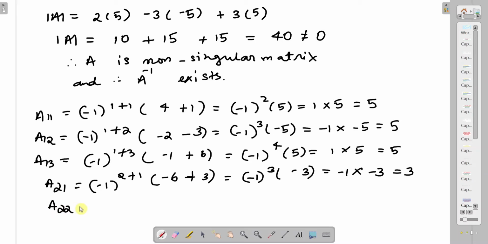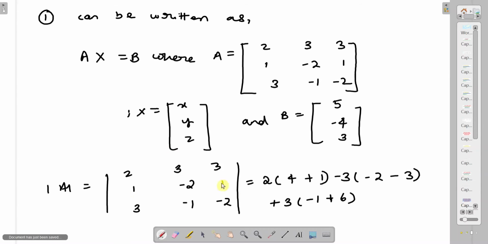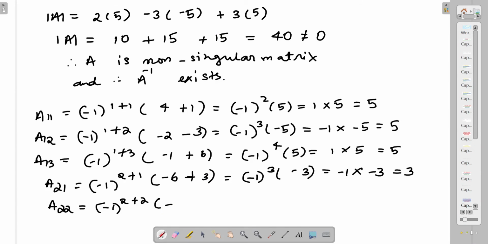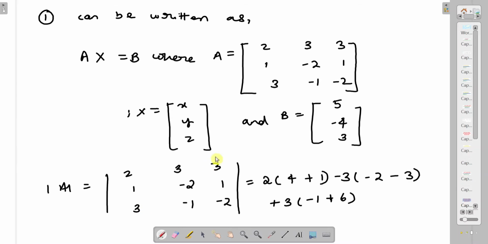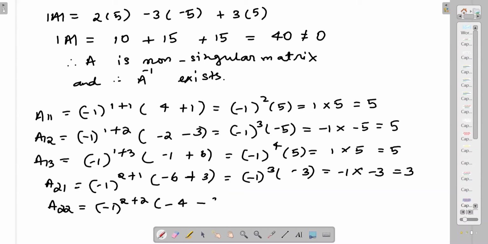Then A22, so minus 1 raised to 2 plus 2, we hide the second row and second column, so minus 2 times 2 is minus 4, minus of 3 times 3 is 9, so minus 9.